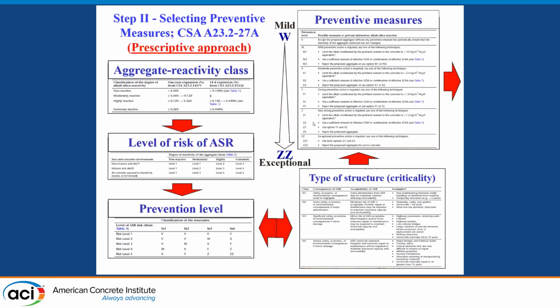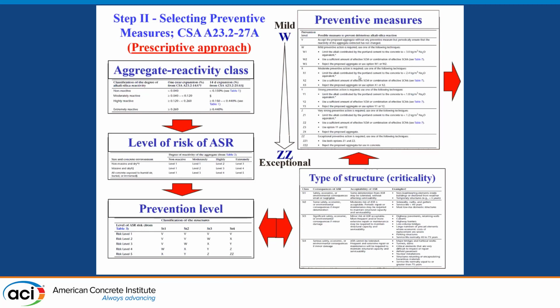And then based on the establishment of the aggregate reactivity class, this information is used in the analysis of the size and the environment to which a concrete structure to be built is exposed to determine a level of risk of ASR. That level of risk of ASR is compared to the type of structure to be constructed, the criticality of the structure, in order to develop prevention level.